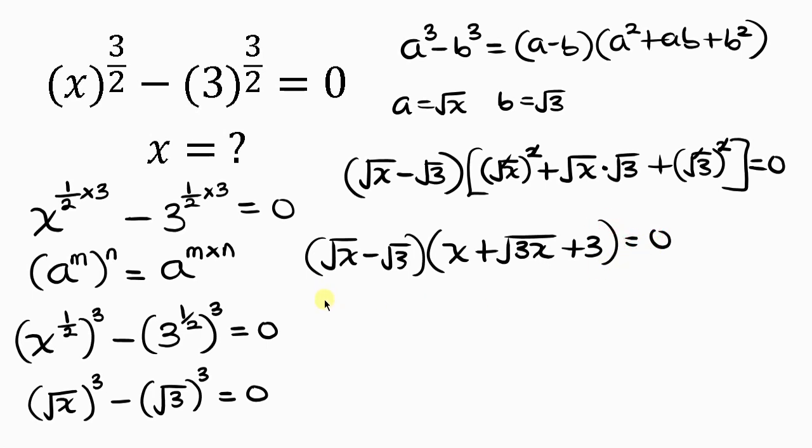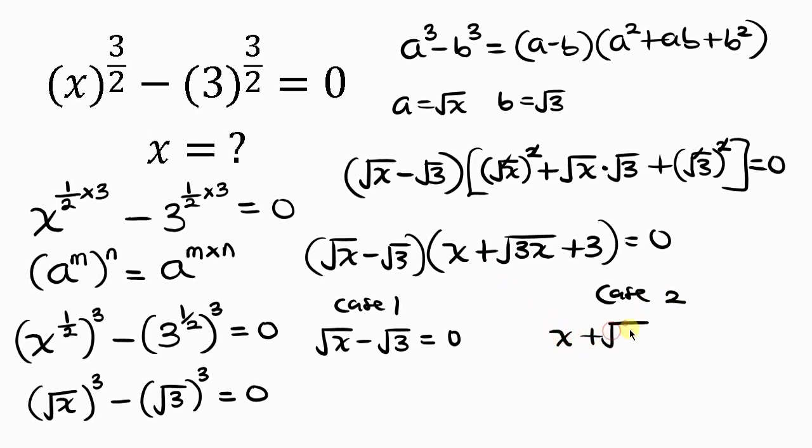So we have two cases. Case 1 is the square root of x minus the square root of 3 is equal to 0. And case 2 is x plus the square root of 3x plus 3 is equal to 0.